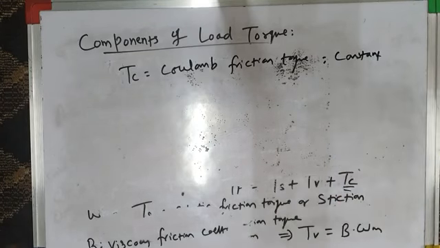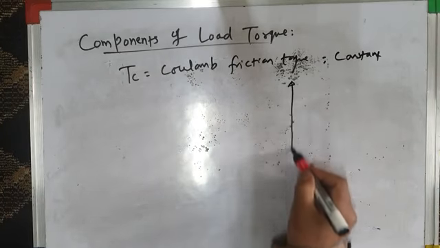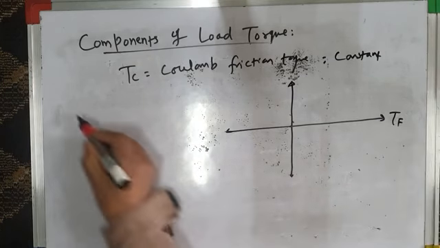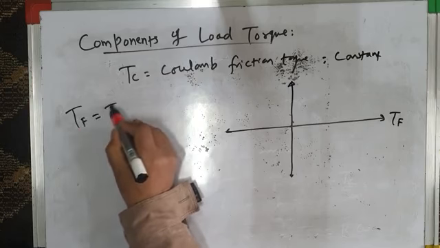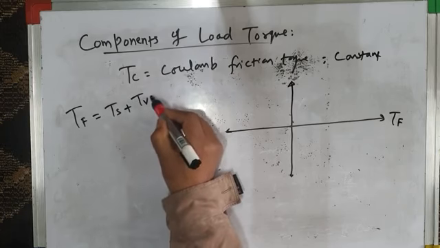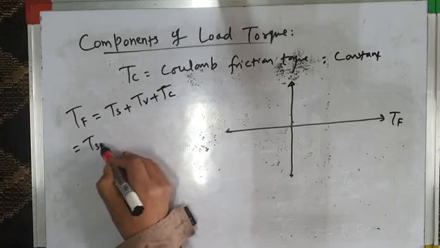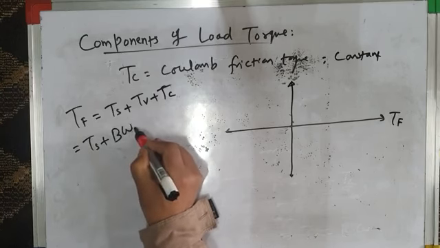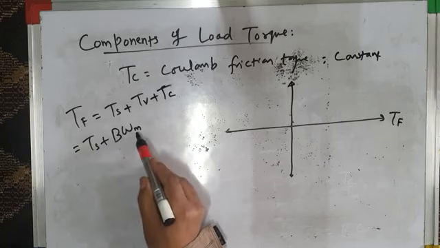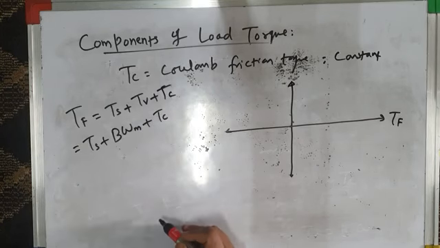So let me show the different components of friction torque one by one on the torque speed characteristic. So this is your total friction torque TF. We know that total friction torque TF is equal to static friction torque TS plus viscous friction torque TV plus Coulomb torque TC, or it is equal to TS plus B omega m, because viscous friction torque is directly proportional to speed, where B is the viscous friction coefficient, plus Coulomb torque, which is constant.